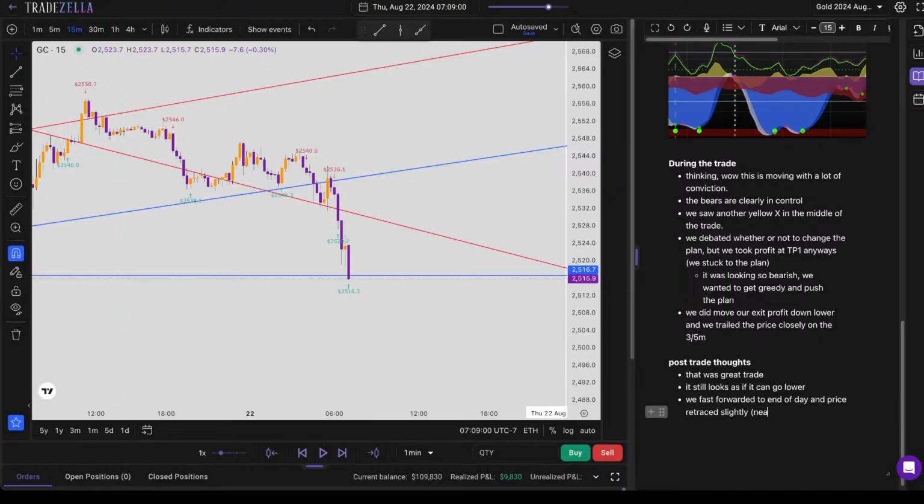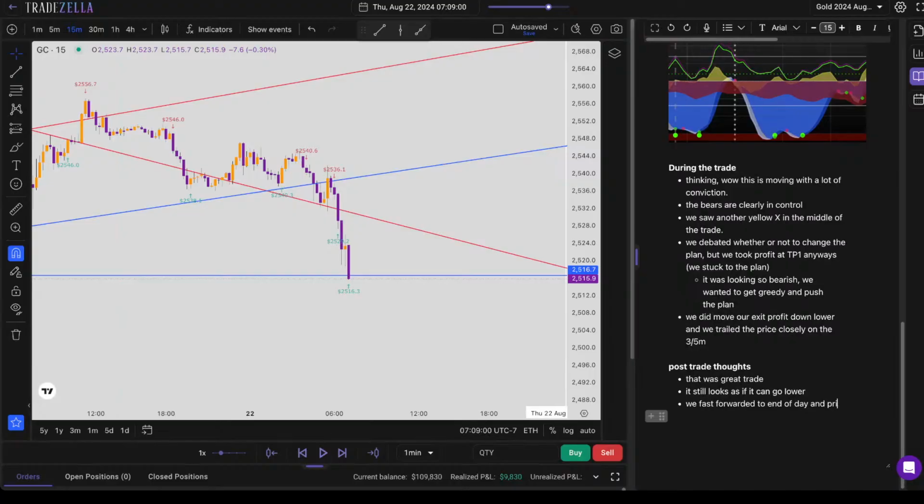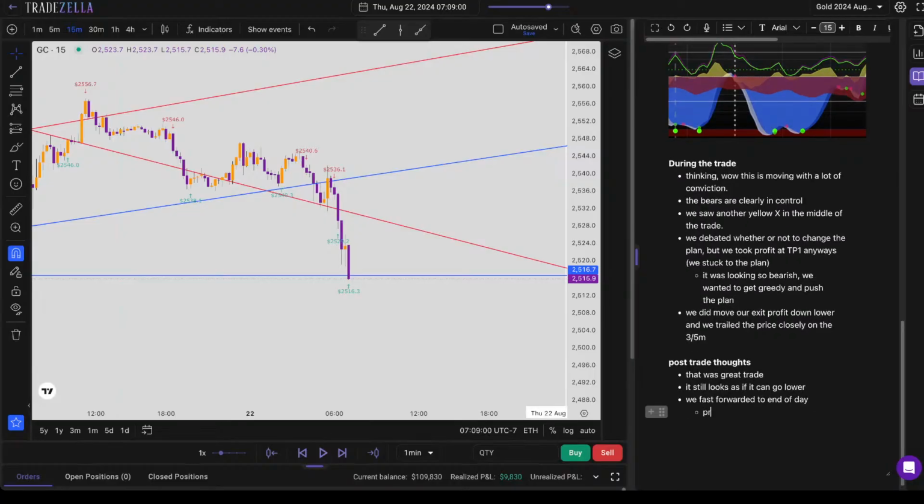Oh, wait. First, we fast forwarded to the end of the day, and then price did go lower about 50 more ticks. Then it retraced about 60 ticks and moved sideways.